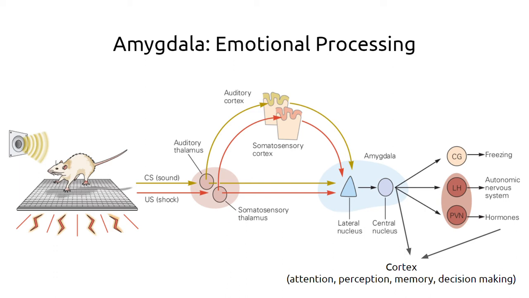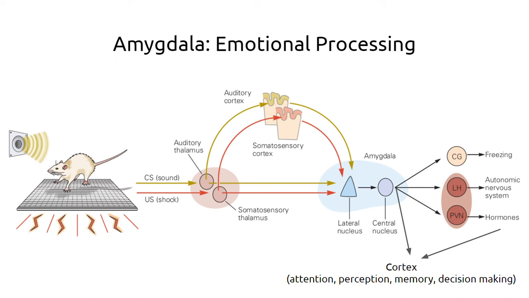What faces are you seeing? What sounds are you hearing? And it's also getting inputs from areas we'll talk about that do things like memory. And so that's going to give some sort of context information about the environment.